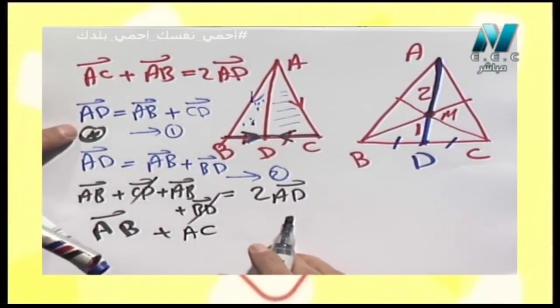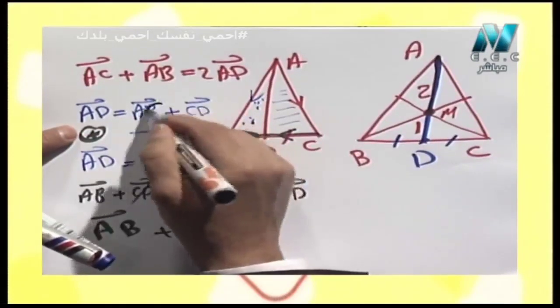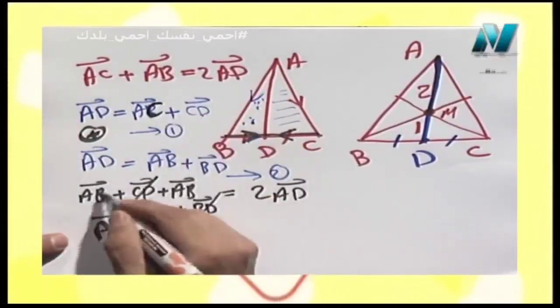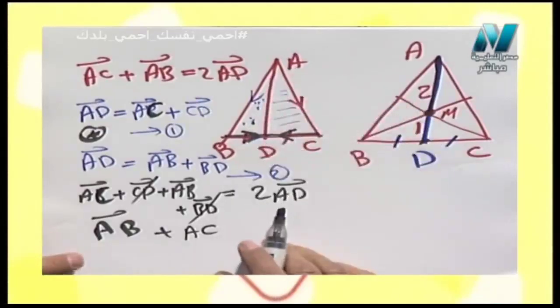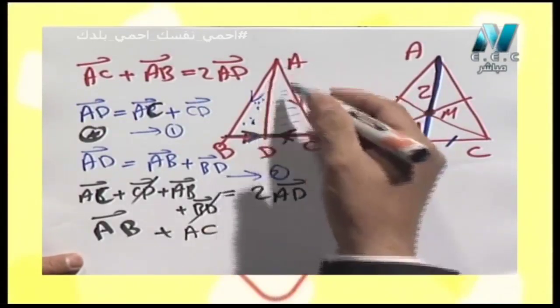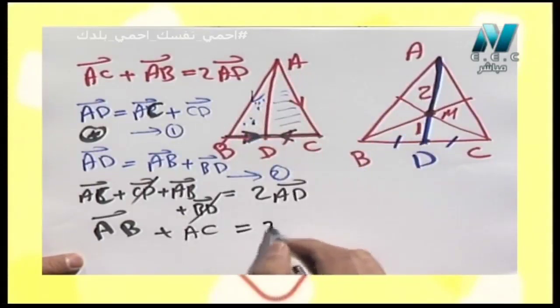So the vector AC plus CD equals AD. The vector AB plus the vector AC equals double the vector AD.